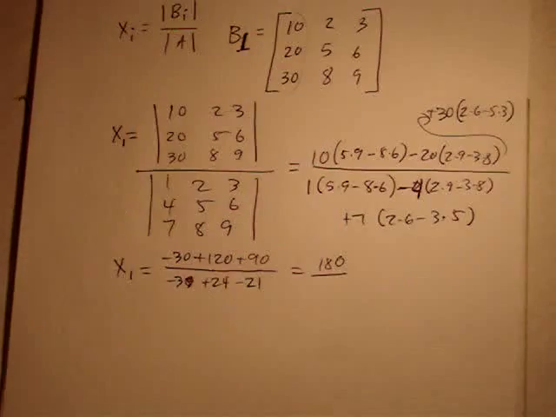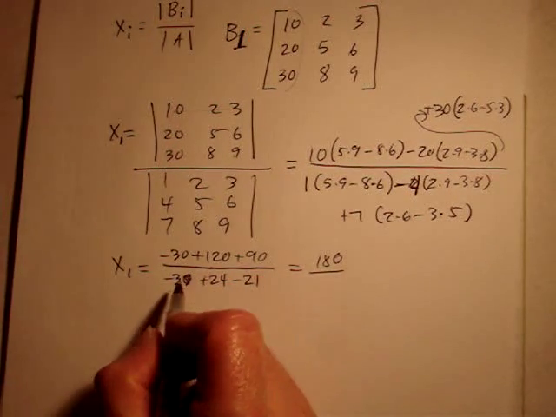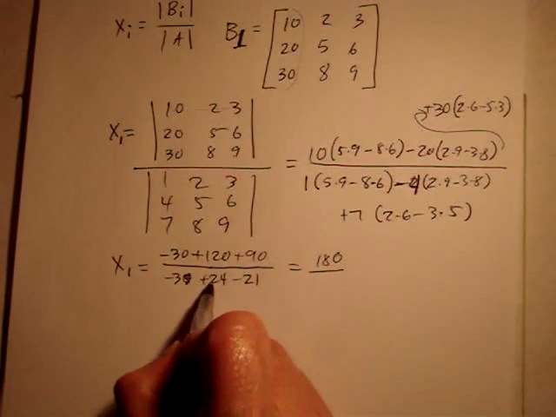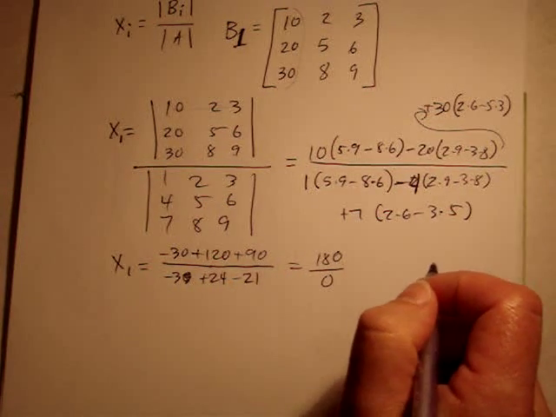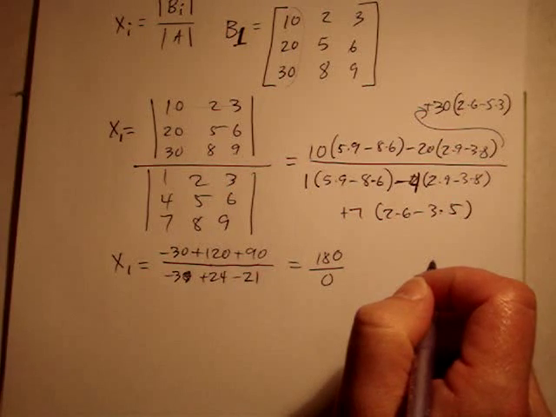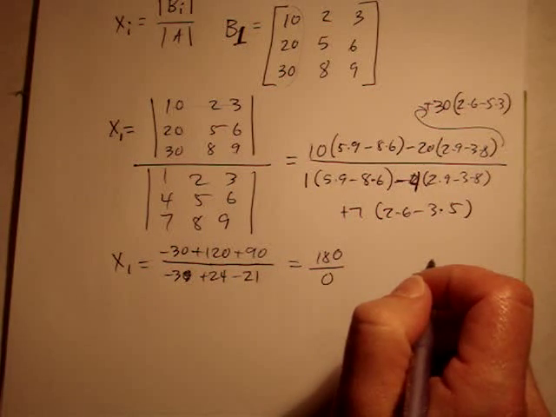Alright. Okay, and then looking at this, negative 3 plus 24 minus 21, looks like we're getting a 0. So our matrix is singular to start with, so I made a poor choice, I believe, for this.